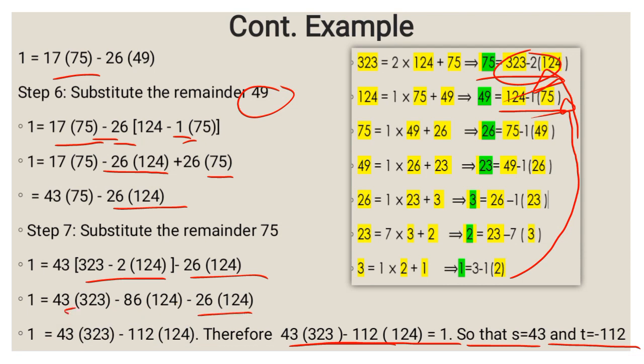Just like my S, this is my T, and this is A, and there is B here. So T is minus 112, and S is 43.